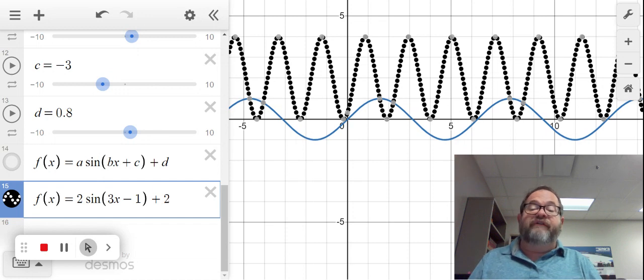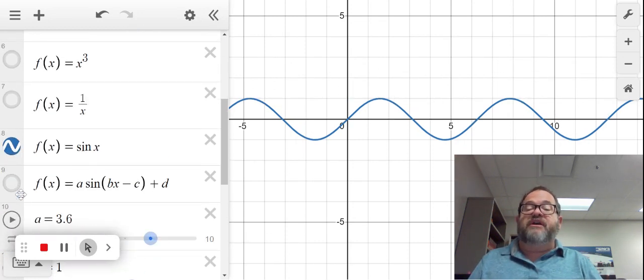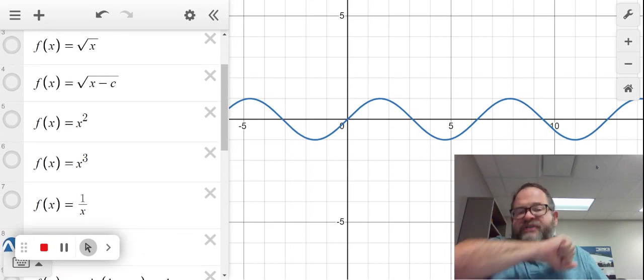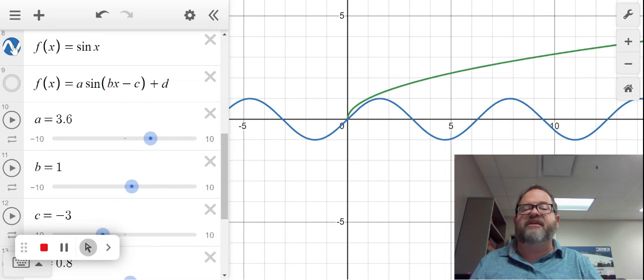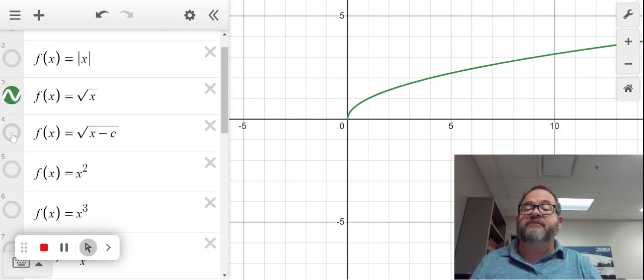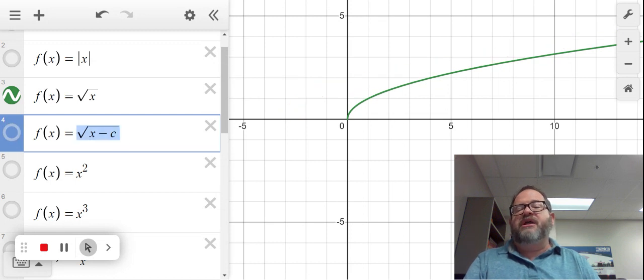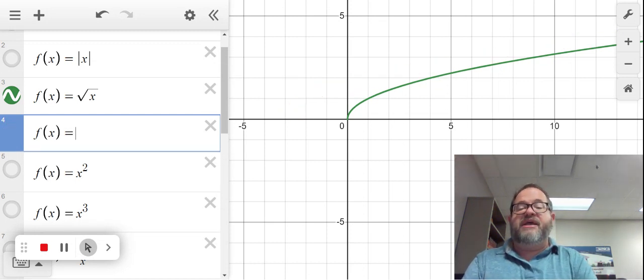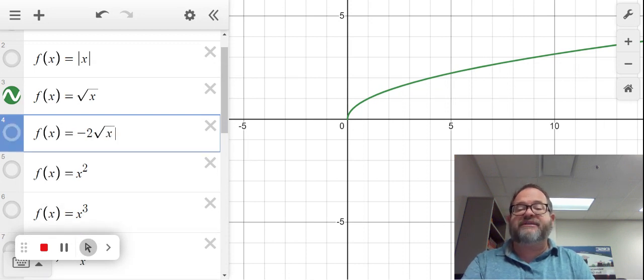I did it over here for sine, but we could do the same sort of thing for, let's just say, square root. Let's put square root back up on here and take the sine back off. Again, I'll turn this off for a second. Let's say we had negative 2 times the square root of x, plus 1.